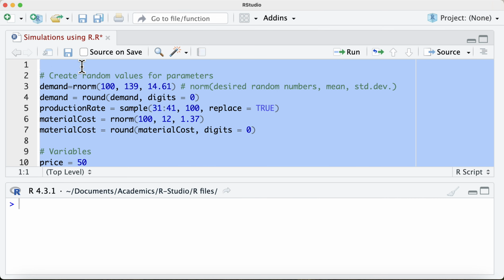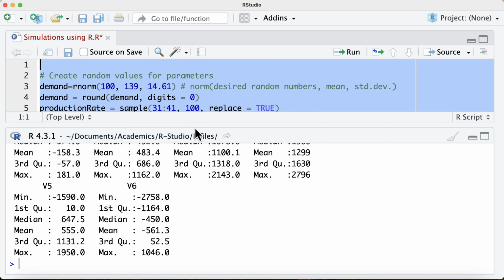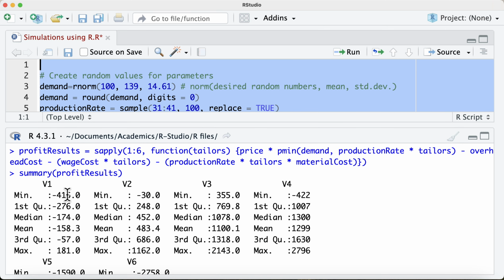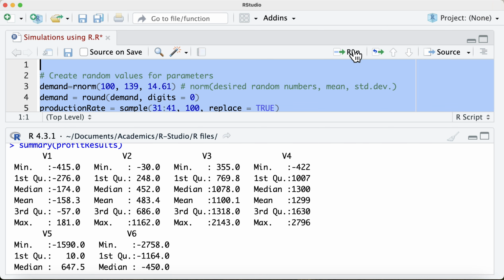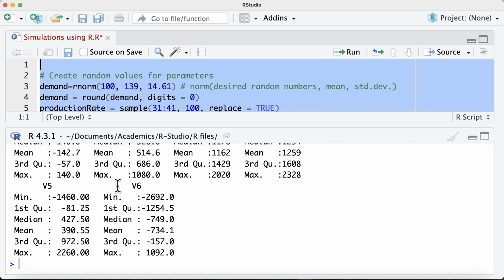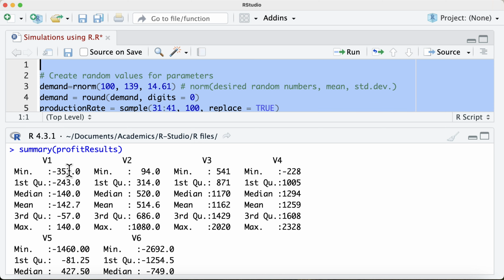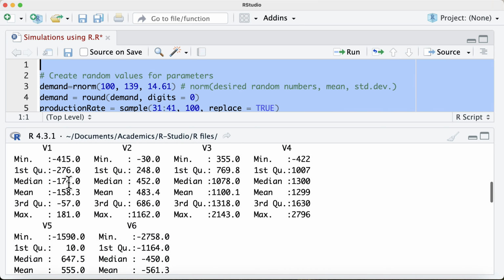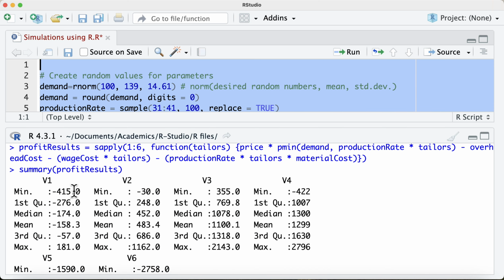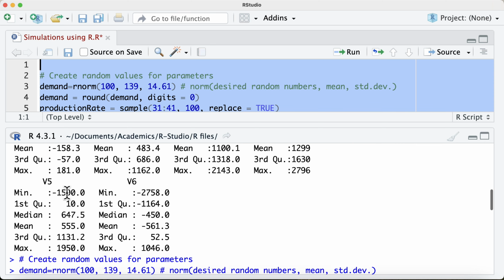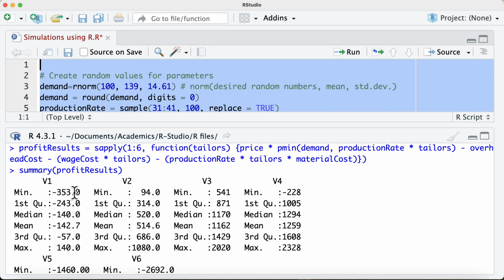Now if I delete this and run this command, it gives us this result, -415, which is different from the one we got earlier. If I run this command one more time, this time it gives us -353. So initially it was -415 in the case of one tailor, the minimum value, but here it becomes -353.